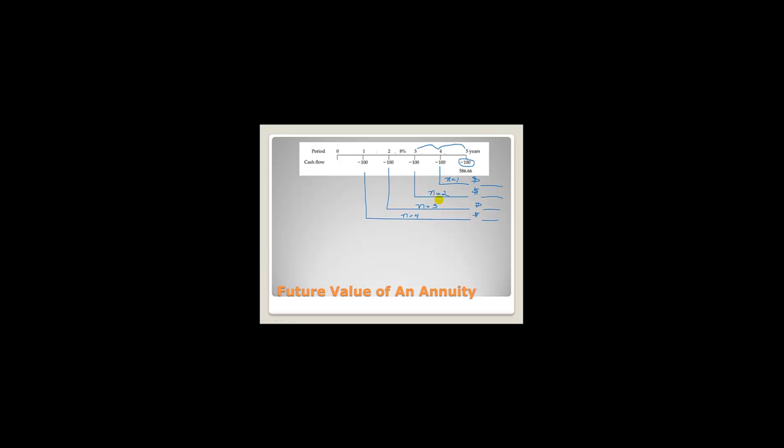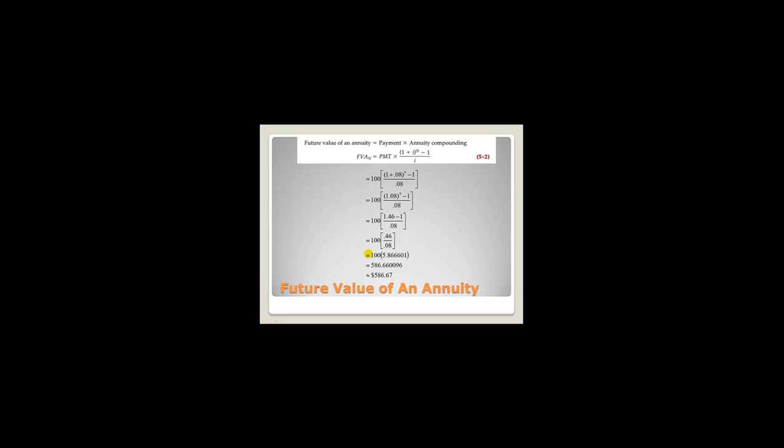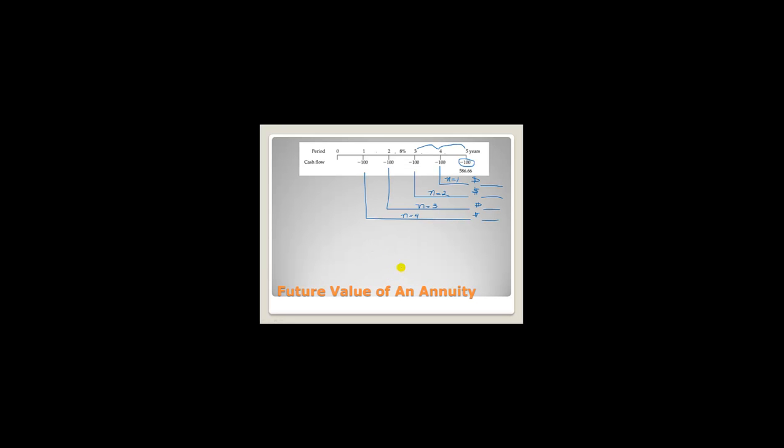So in this way, we can calculate each one using the future value calculations and add them together. But for the sake of simplicity, I want you to take a look at this calculation, 586.67. Okay, hold on. Let's go back and finish up this timeline.